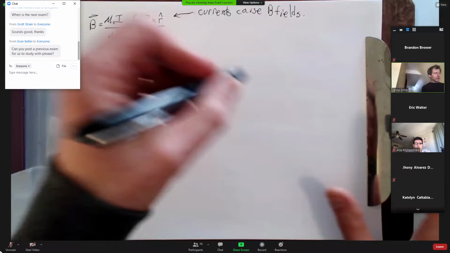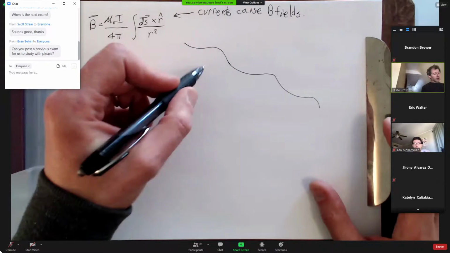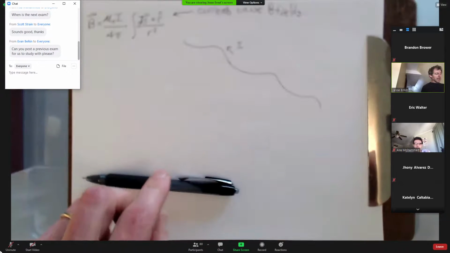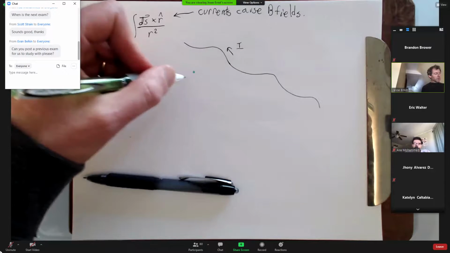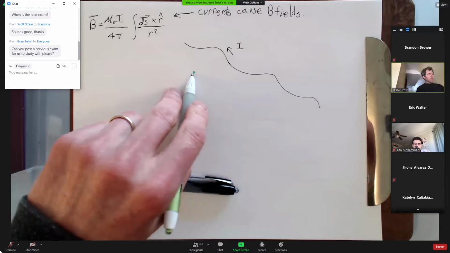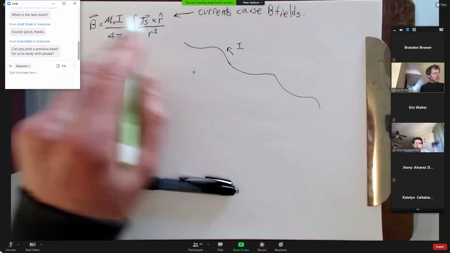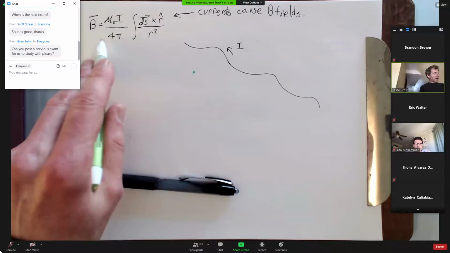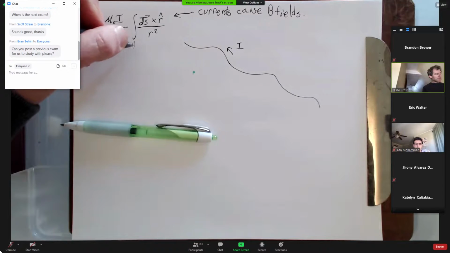So if I have a wire like this, carrying some current I, and I have a point in space here and ask what's the B field at this point? According to this, it's mu naught times I, which are both constants because I is the same at all points in the wire, over 4 pi, and the integral over all current elements.